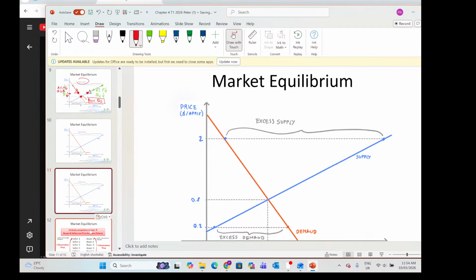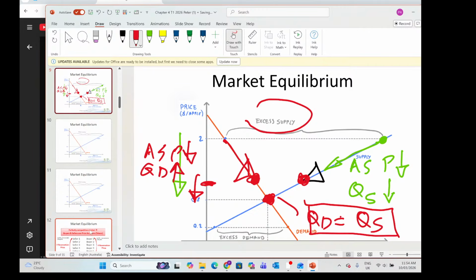So that's how we get from 2, I'll circle 2, that's how we get from 2 down to the equilibrium price. No government official said you must lower the price.